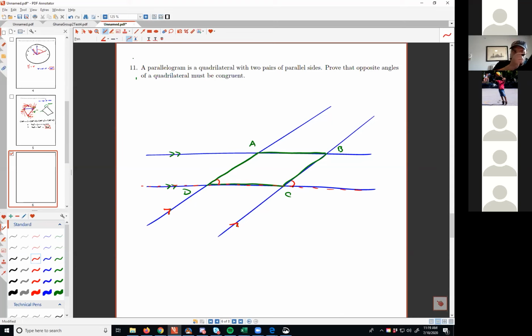Then we can say, hey, line BC is a transversal, which intersects lines AB and line CD. So then, actually, we can jump straight toward this angle right here, which is an alternate interior angle to the angle that we marked at C. And now we can see that angle B and angle D are the same.